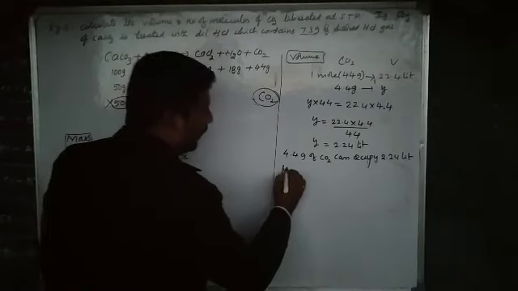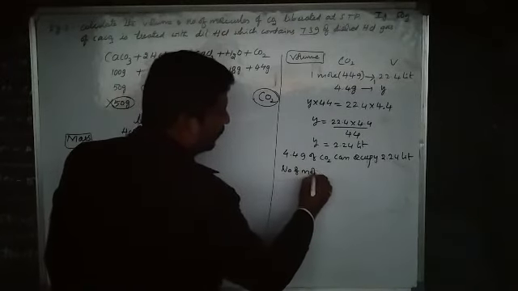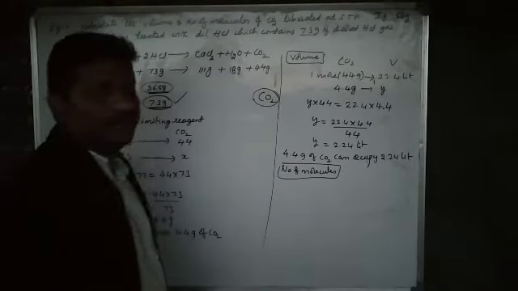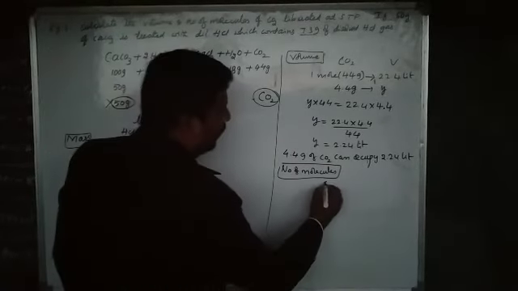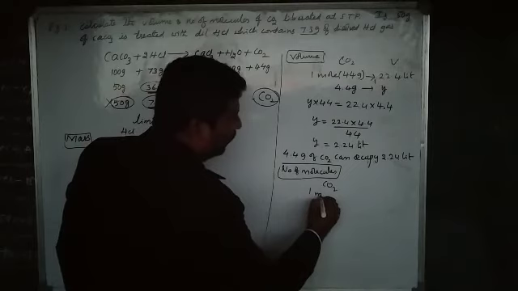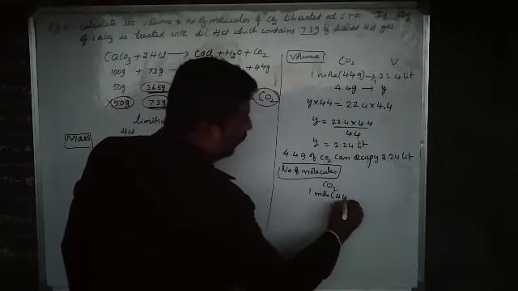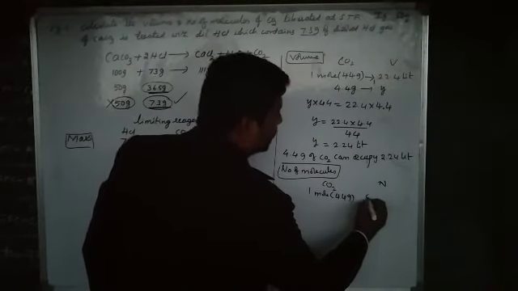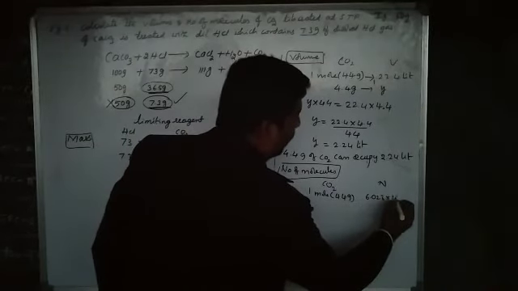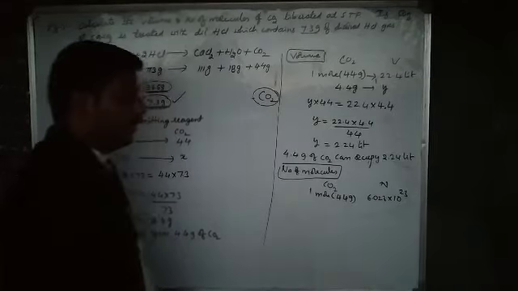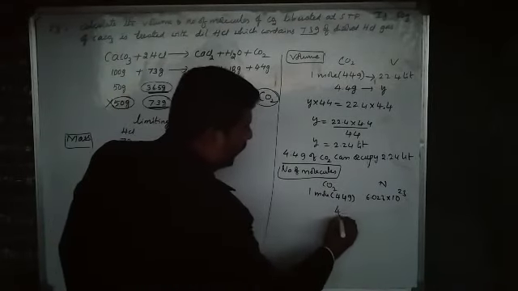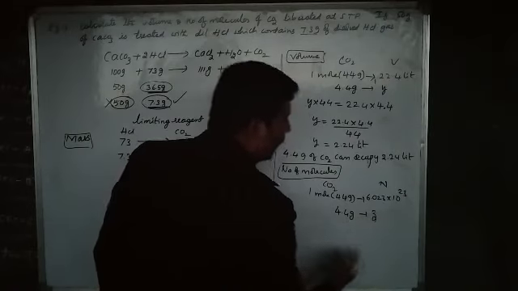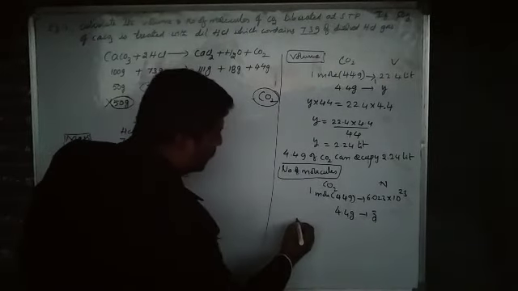Let us find the number of molecules. As we know, at STP, 1 mole or 44 grams of carbon dioxide has 6.023 into 10 power 23 molecules. 4.4 grams of carbon dioxide contains Z number of molecules. So do cross multiplication.